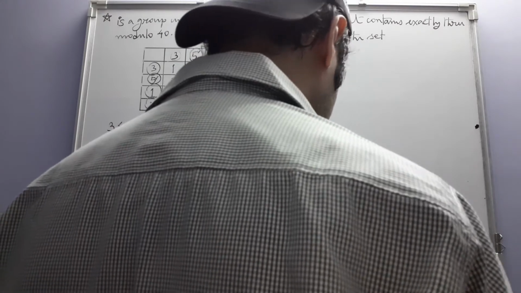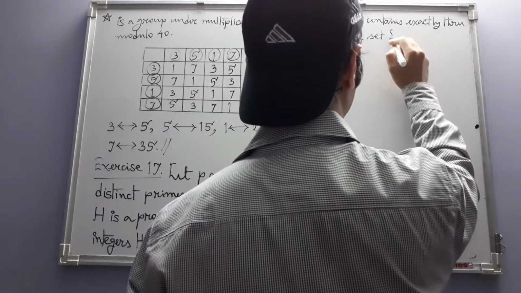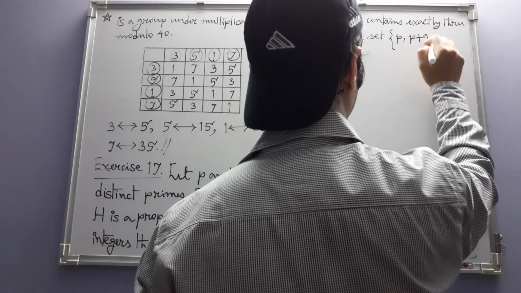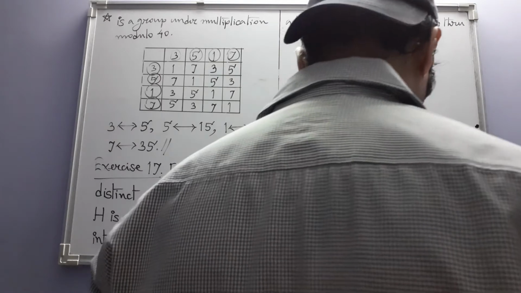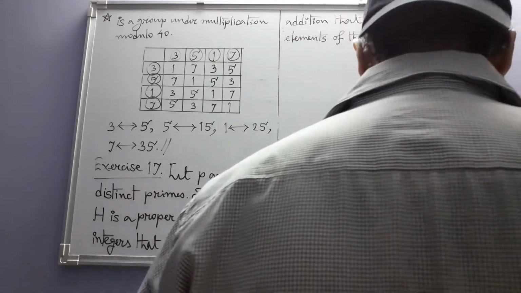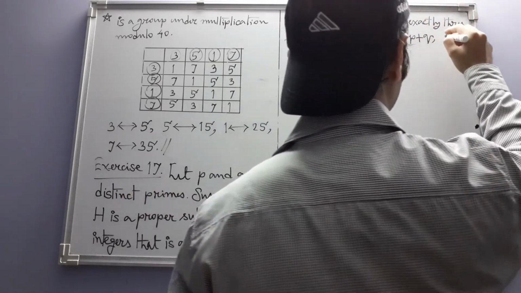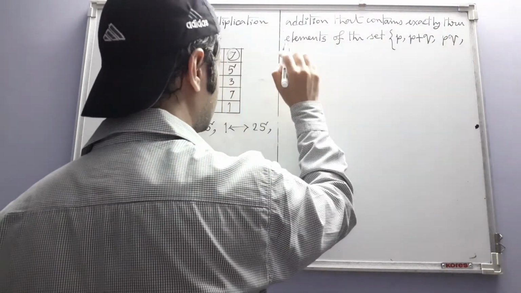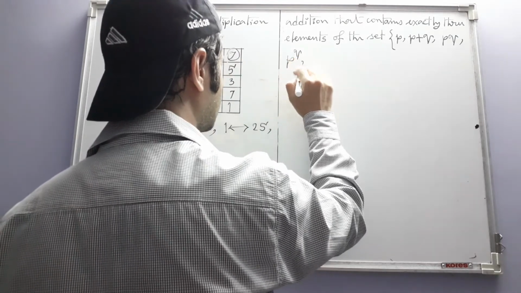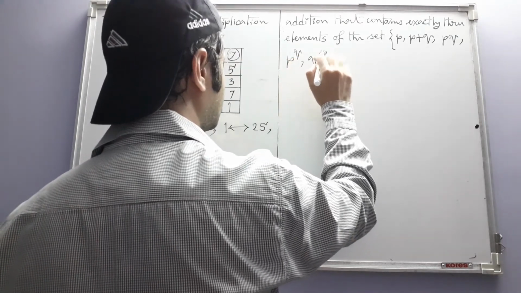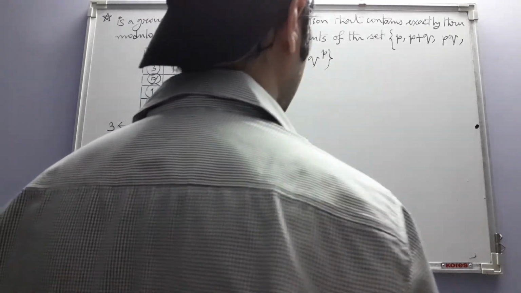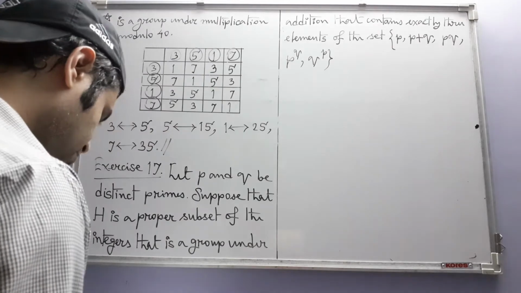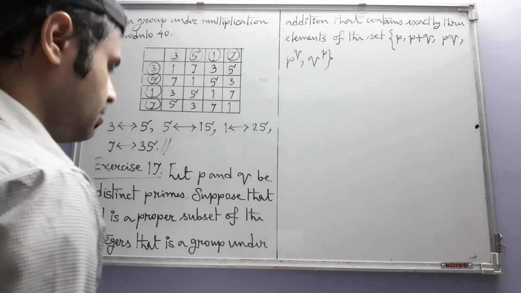So a set of integers is given to us: p, q, p plus q, which have been formed from these primes p and q, pq, p to the power q and q to the power p. So it's a set having 5 elements. Determine which of the following are the 3 elements in H.